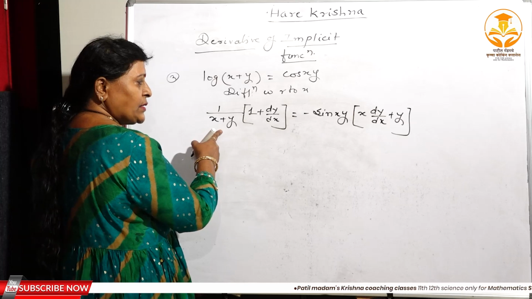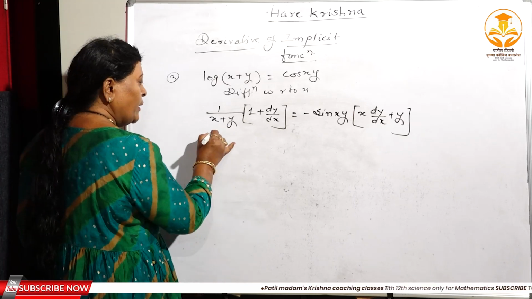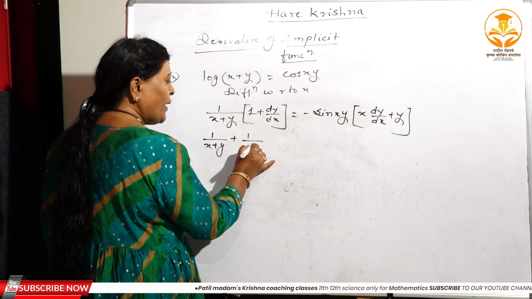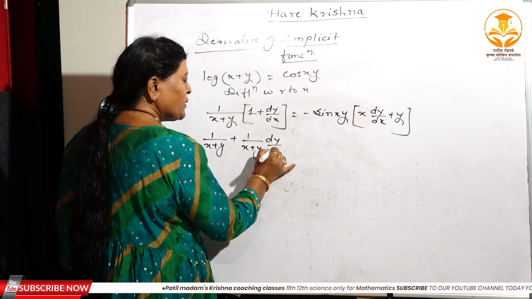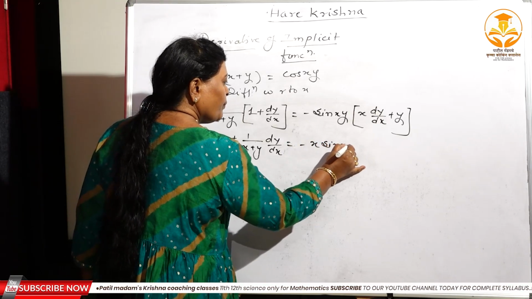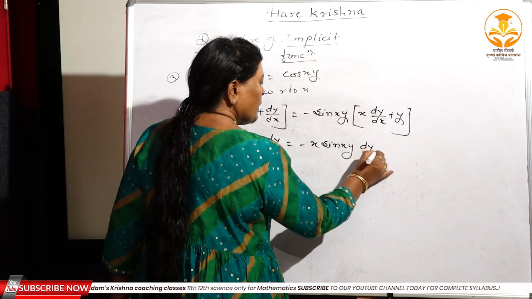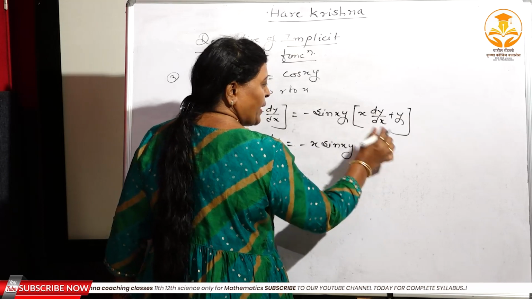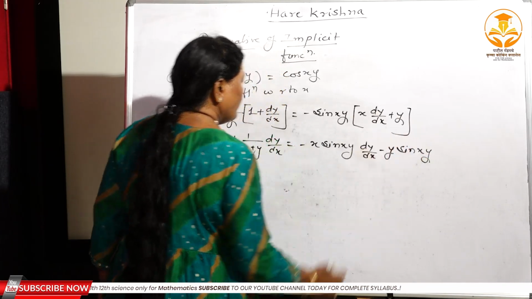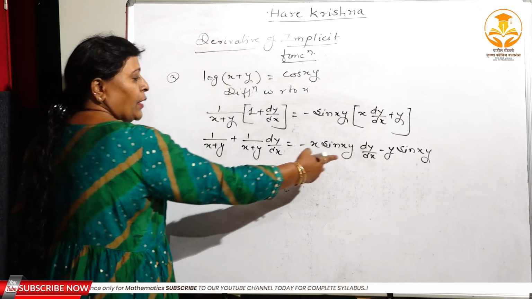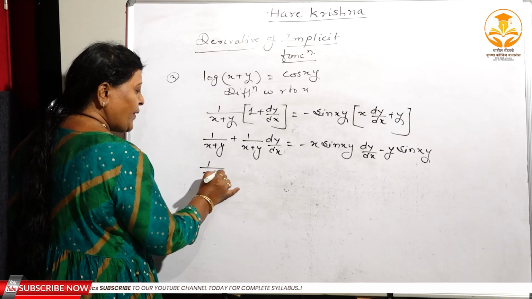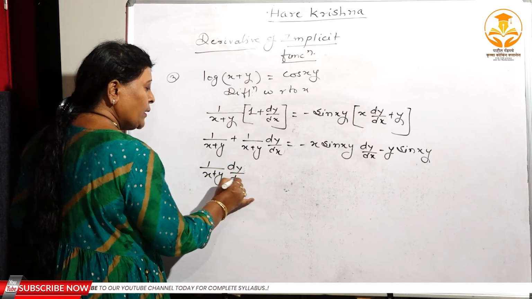Again multiply with this and open the bracket here. 1 upon x plus y. Here again 1 upon x plus y into dy by dx. Here minus x sin xy into dy by dx, and again minus y sin xy. Right? Now if you observe this, transfer this term here: 1 upon x plus y into dy by dx.